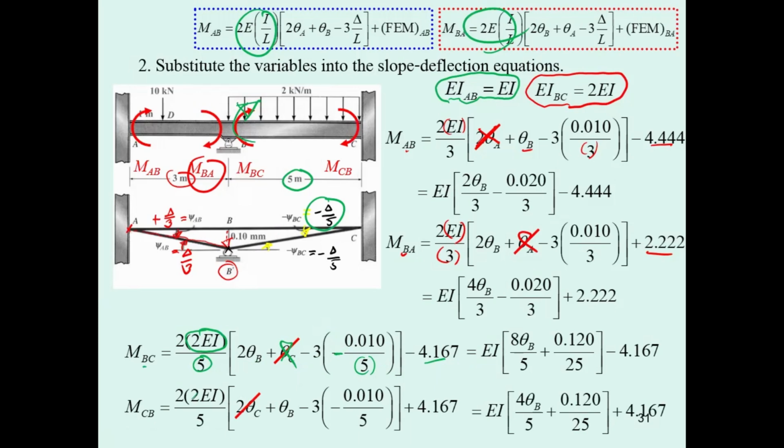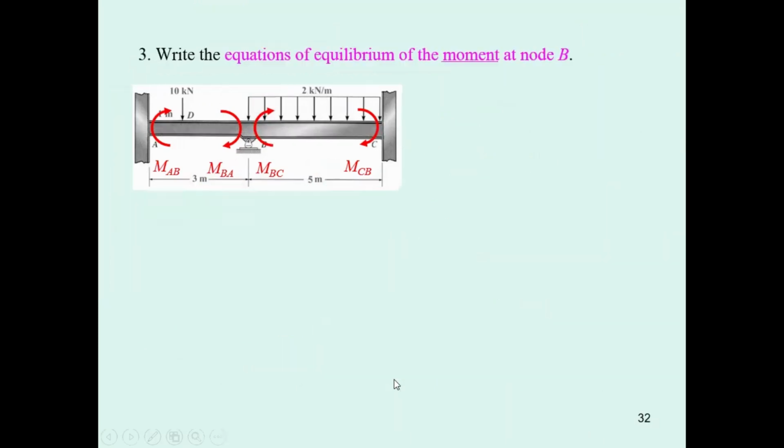You have only one unknown. Since you have only one unknown, you require only one equation. The equation is going to be at B because you are looking for theta sub B. So the equilibrium equation must be at node B since it relates to theta sub B. Okay.